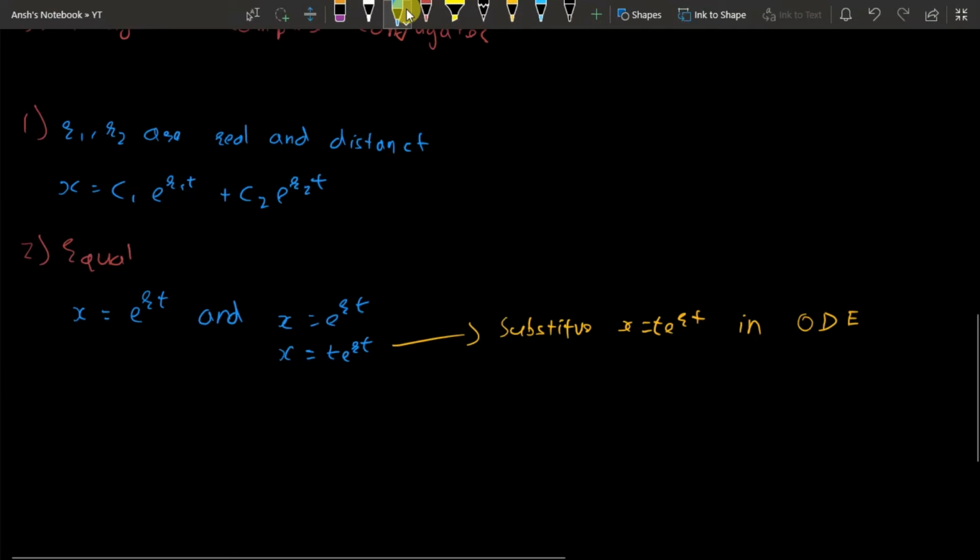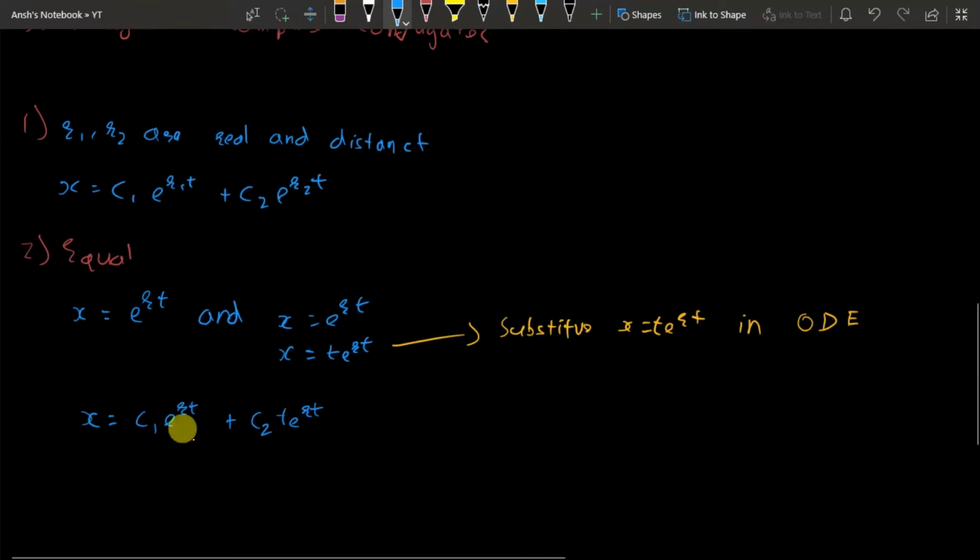Then the general solution, if both the roots of the quadratic equation are equal, will be x equal to e raised to rt, but we'll have to multiply by a constant for the general solution. So it will be x equals c1 e raised to rt plus c2 t e raised to rt. Again, what we've done is we've taken a combination of the two solutions, multiplied each with a coefficient and added them.